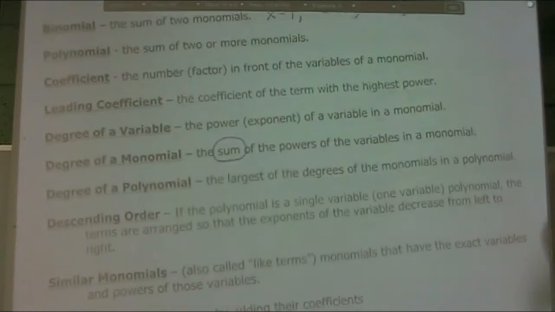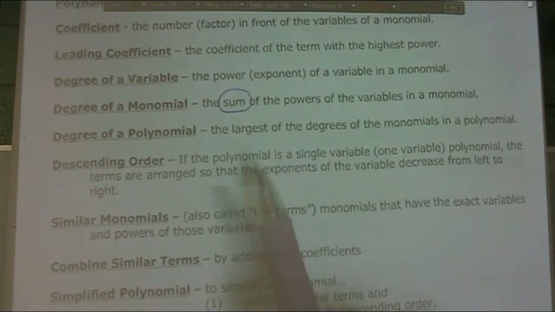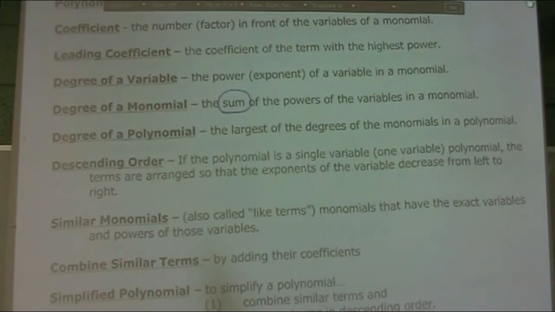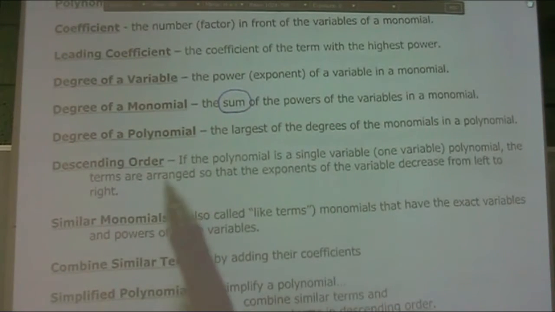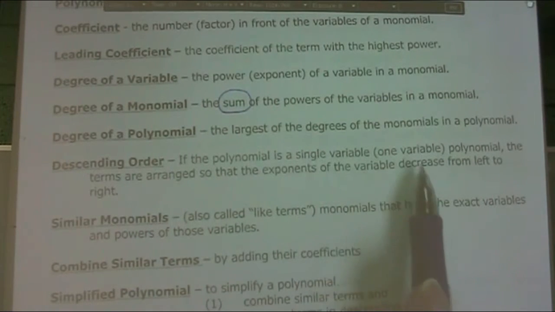So back to our vocabulary, we have the phrase descending order. If the polynomial is a single variable, which means it just has one variable, like just x, the terms are arranged so that the exponents of the variable decrease from left to right.